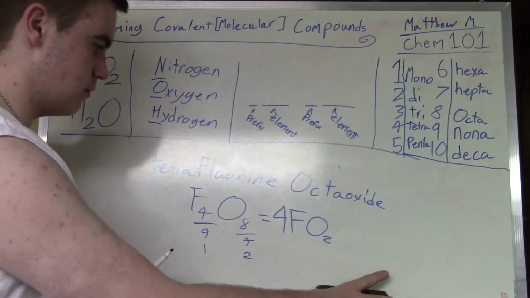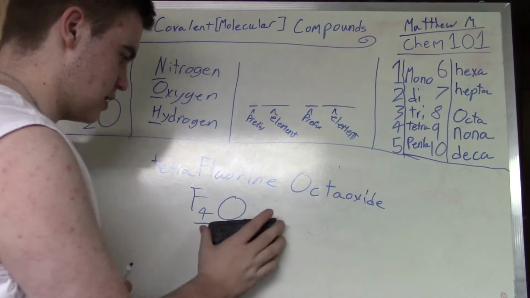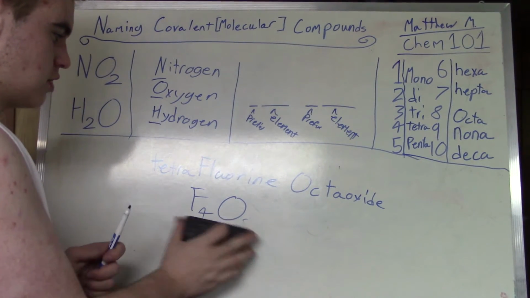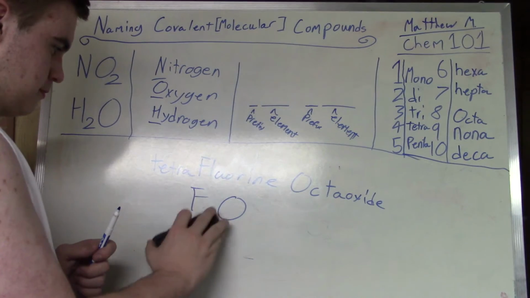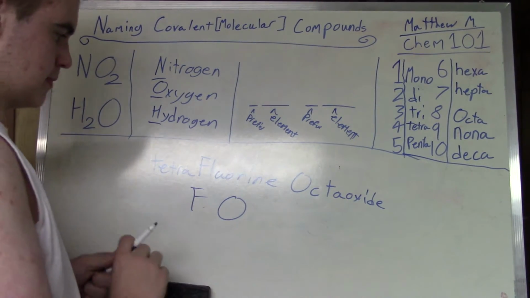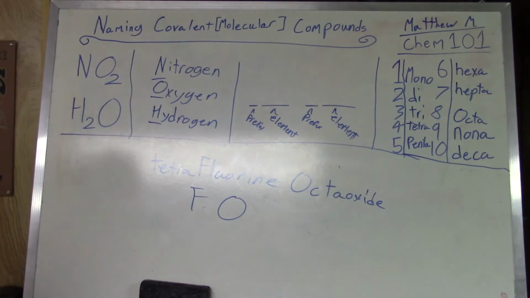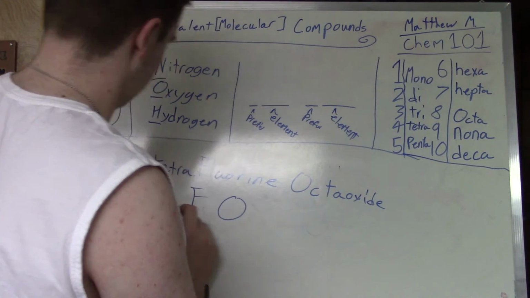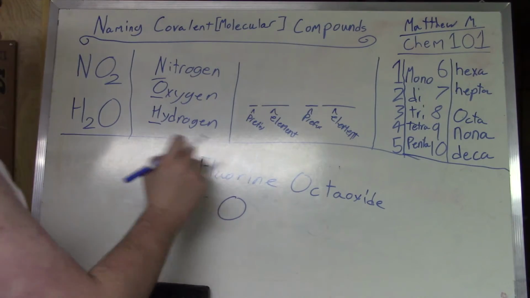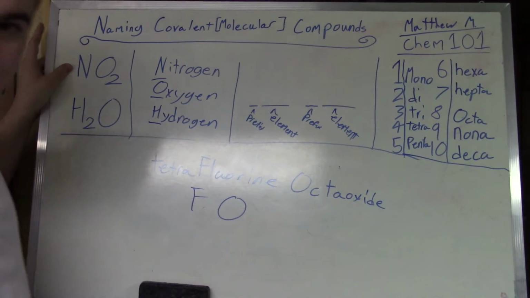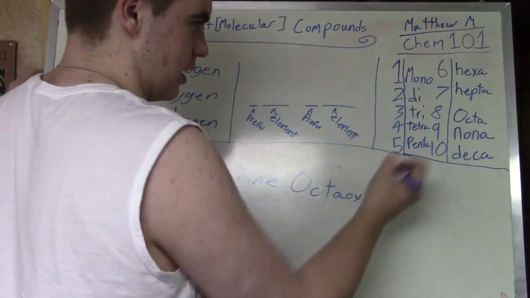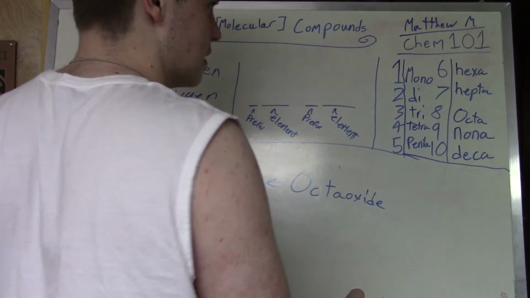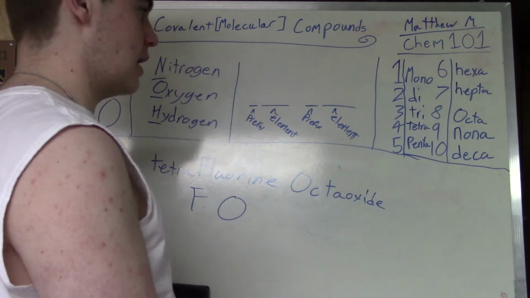So for now, don't ignore this, and just remember: no mono for the first element. Mono, di, tri, tetra, penta, hexa, hepta, octa, nona, deca.